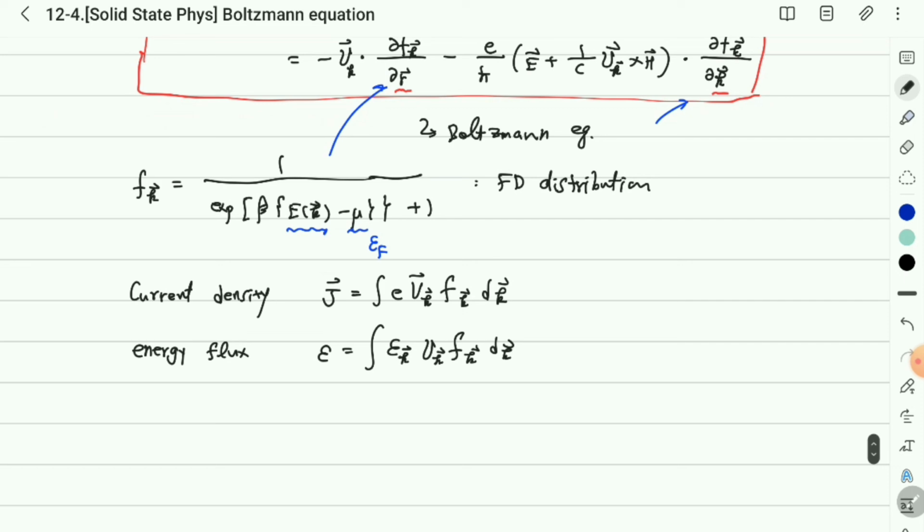Here it is the energy flux. Basically, in equilibrium, the scattering equals zero. In the equilibrium state, f_k is f_k zero, and the scattering equals zero in the absence of an external field.